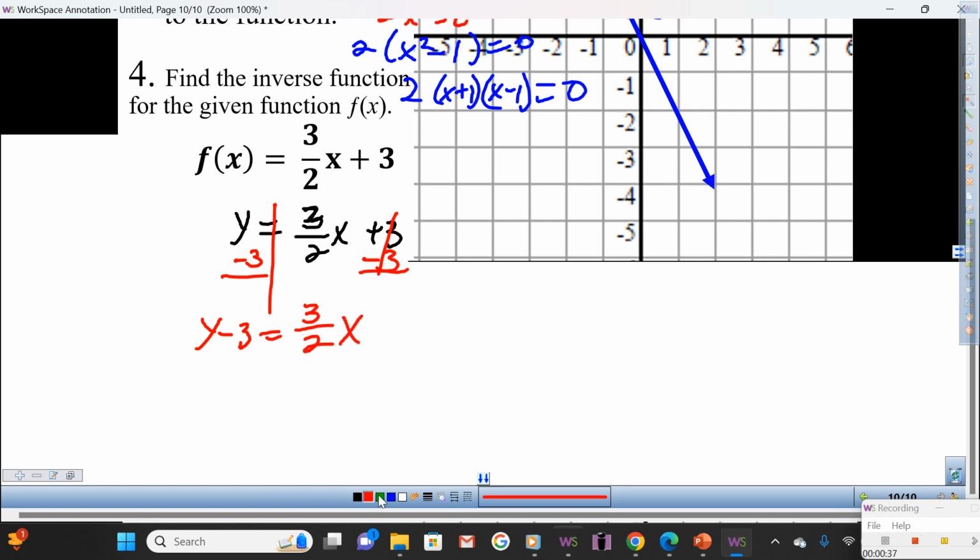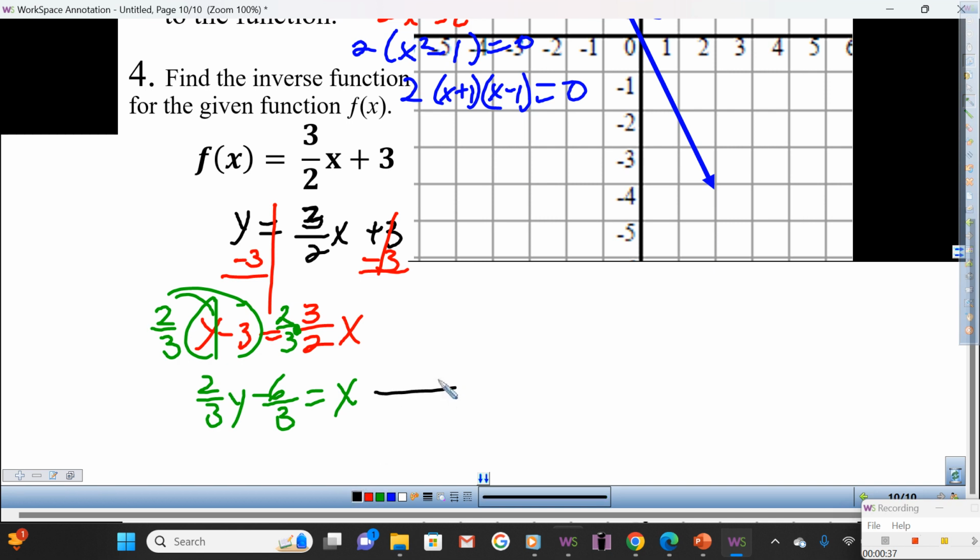So we got y minus 3 equals 3/2 x. Pass someone, Yanni? Me? Okay, I'm going to pass it back to Yanni. What do I do next? The reciprocal, yes. 2/3, both sides. 2/3, distribute. So that's 2/3 y minus 6/3 equals x.